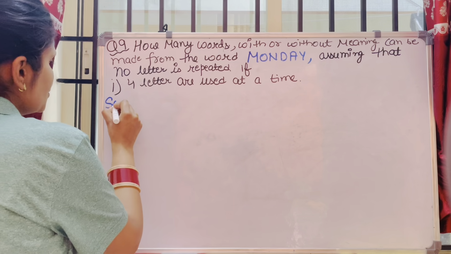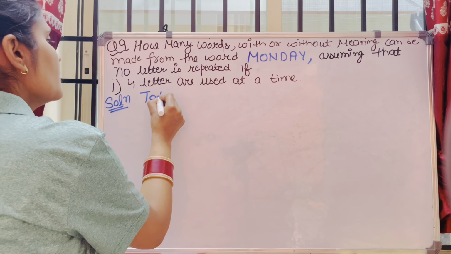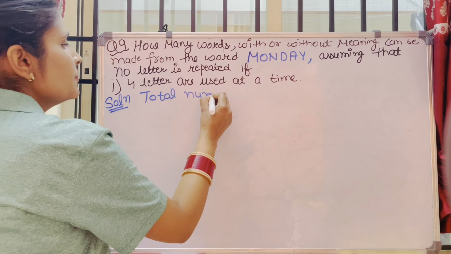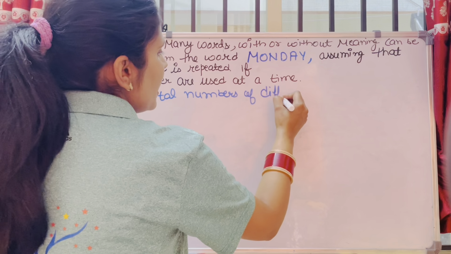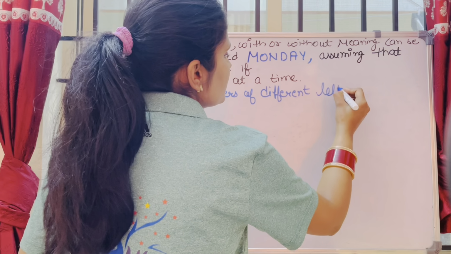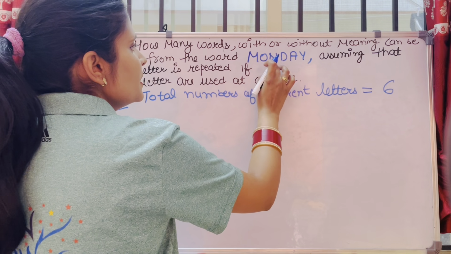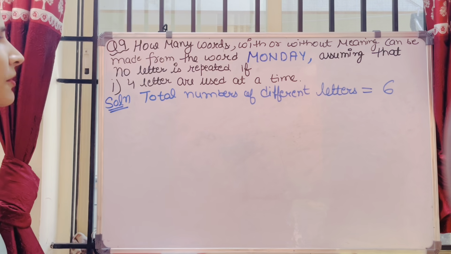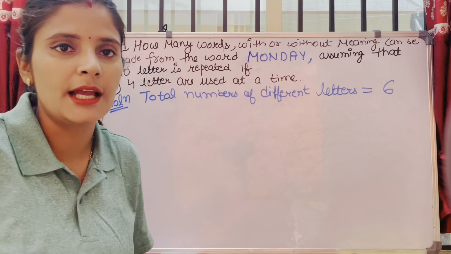So solution: total number of different letters, all letters are different, is equal to 6. 1, 2, 3, 4, 5, 6. So our first condition is 4 letters are used at a time.